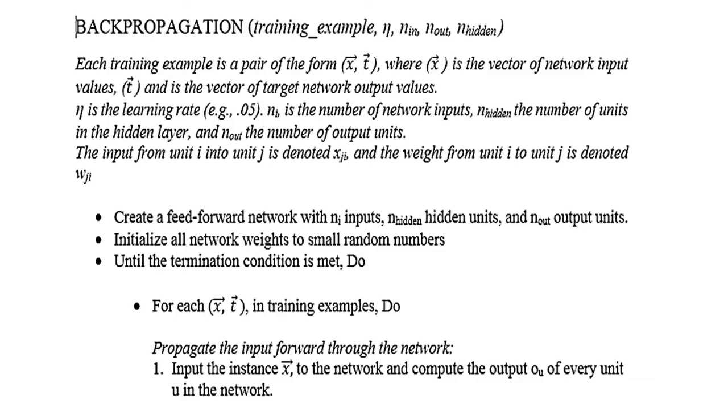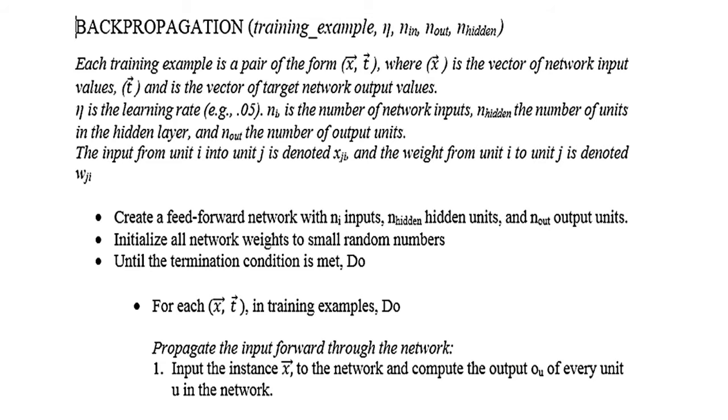The backpropagation algorithm is stated as shown. Each training example is a pair of the form x vector, t vector, where x vector is the vector of network input values and t vector is the vector of target network output values.